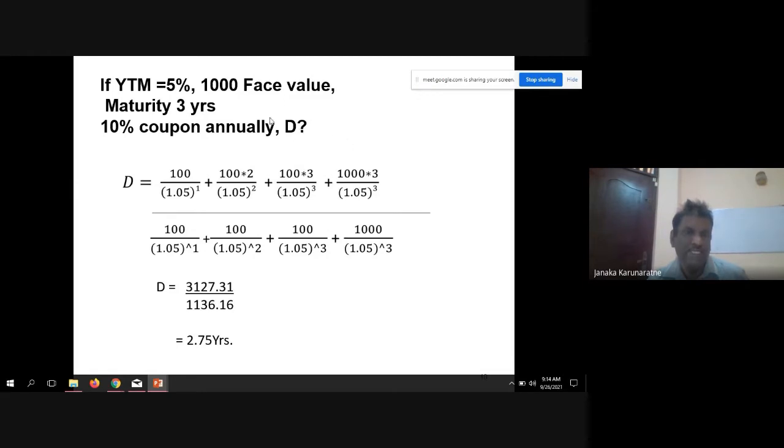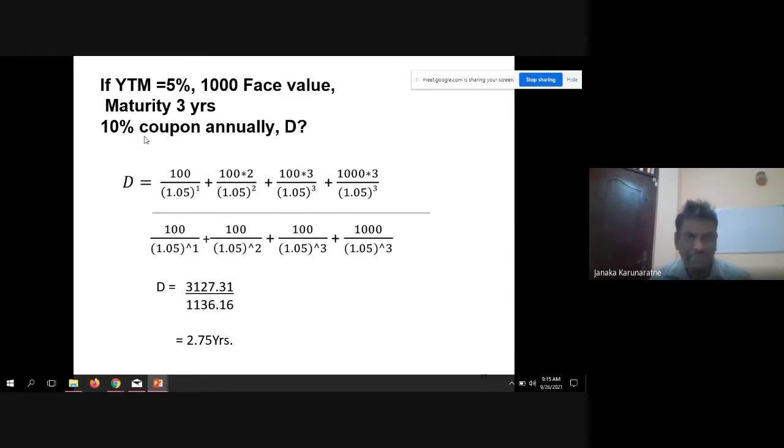One is the face value, the original face value, the maturity proceeds. Then we have the market interest rate, which is called the yield to maturity, the required rate of return. Then you have the maturity, and then you have the coupon. This is the coupon you get at each period, depending on how frequently you are getting the coupon.